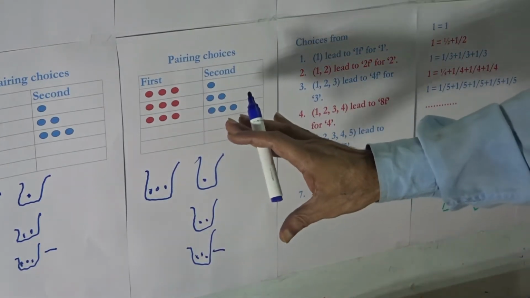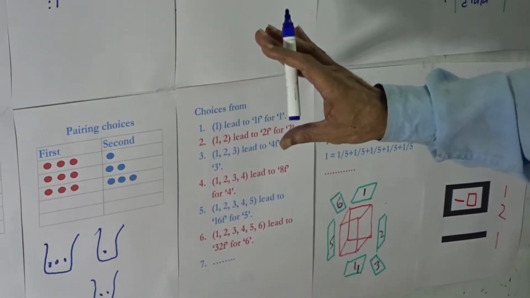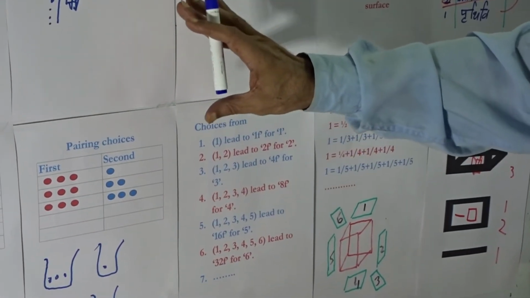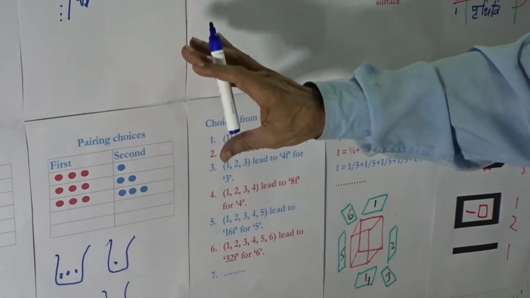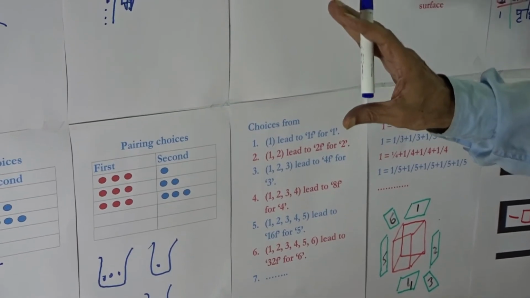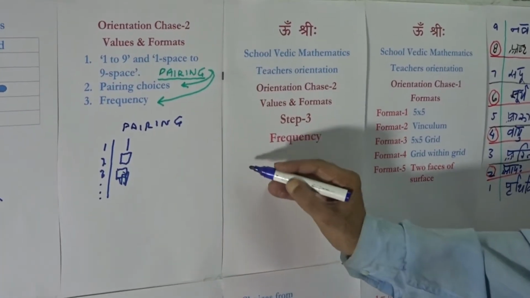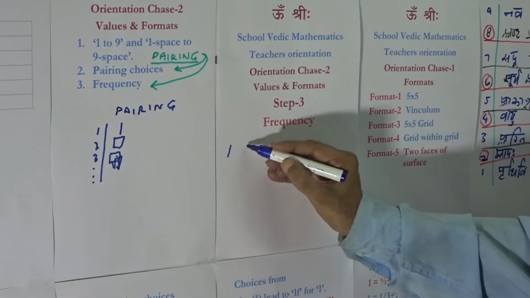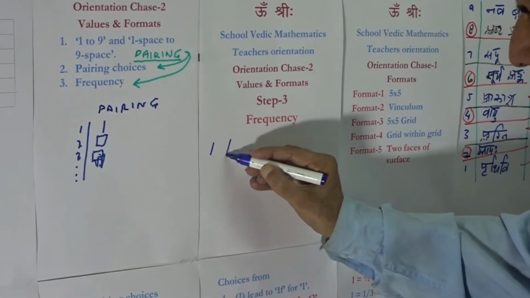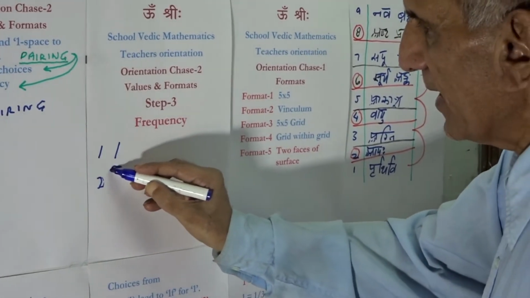From here, we are now reaching the next phase and stage of the mathematics of pairing. In this mathematics of pairing, if we have value 1, then we have an interval, and if we have value 2, then we are at a square.